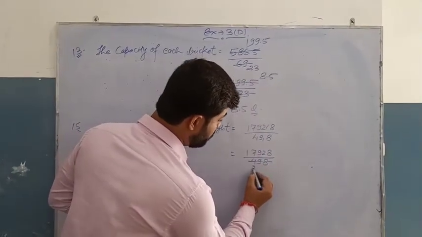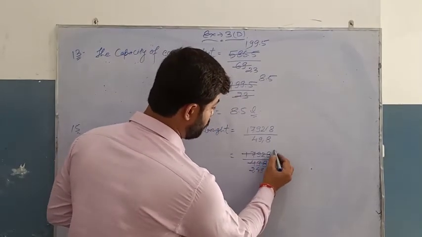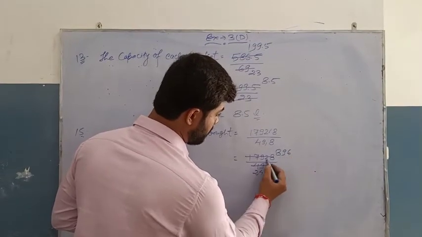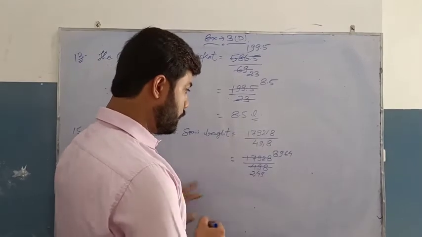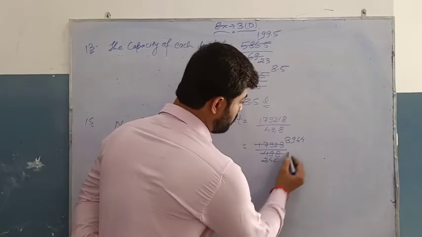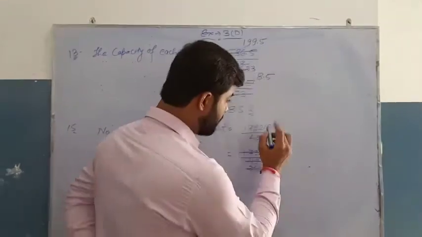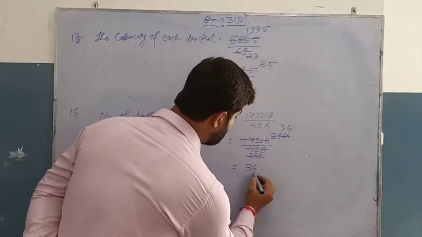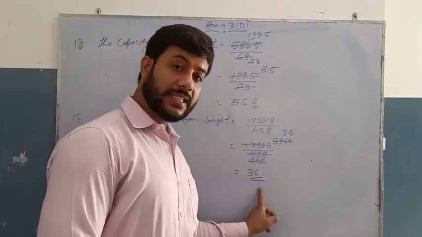Now 2 twos are 4, 2 fours are 8, 2 nines are 18. Now 249 will divide. 249 times 3 is 747, and now 6 times. So that will be 36. Means the number of bags Mr. Soni bought is 36 bags.